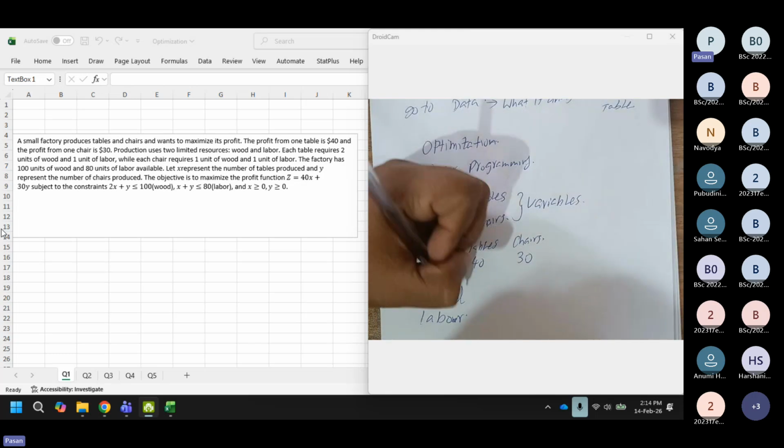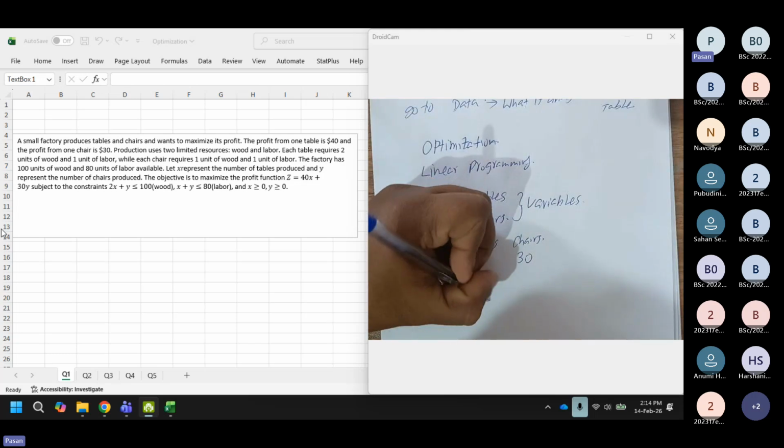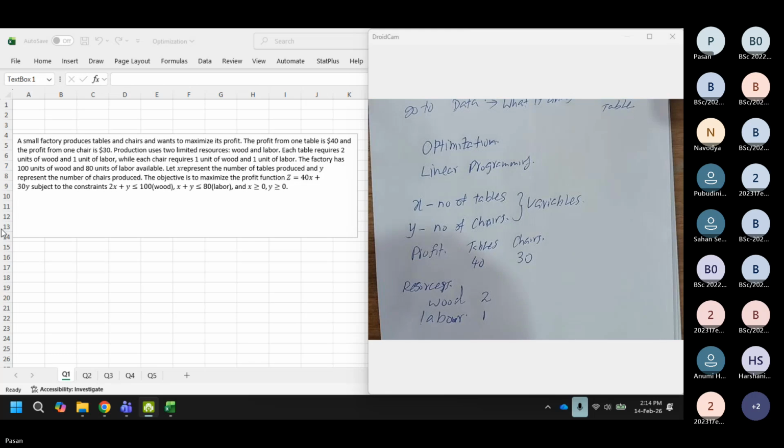So for the tables, this is 2 and this is 1.